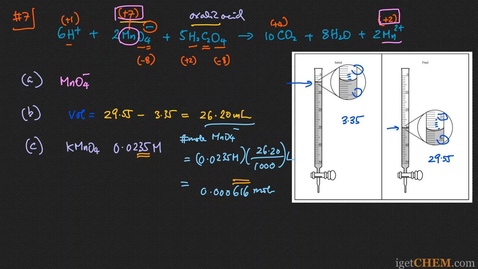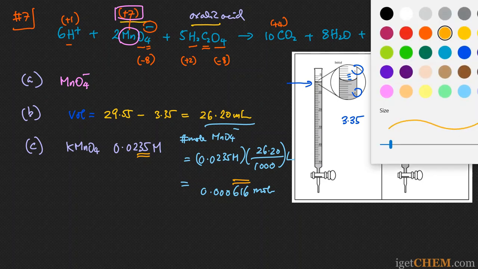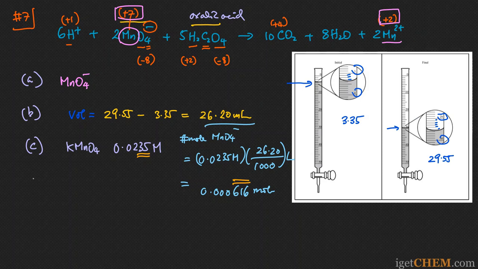And so finally, part D asks you, what if the student wanted to use a KMnO4 solution at a concentration of 0.00143 molar? Well, in principle, the titration would still work, but of course you can use the new concentration to calculate how much volume would be needed in order to get to the endpoint.